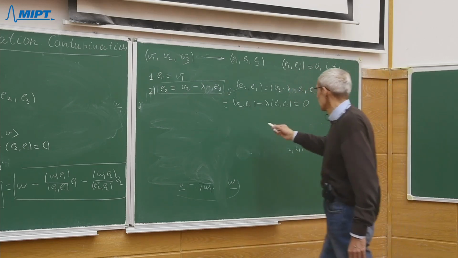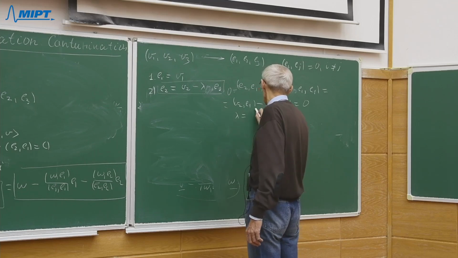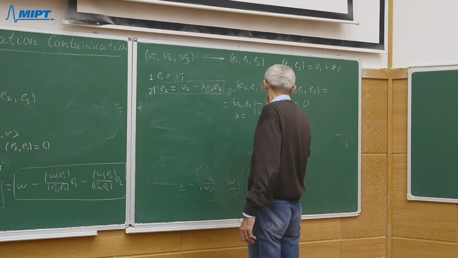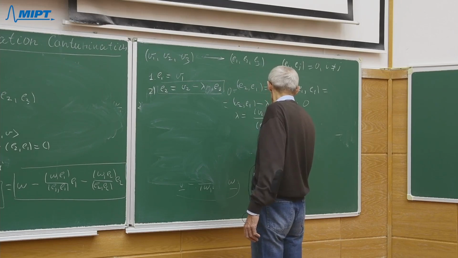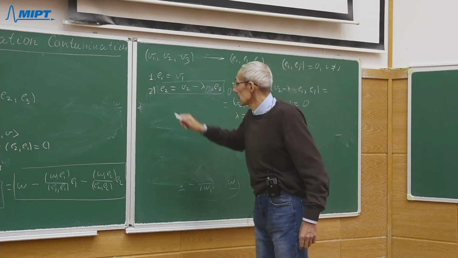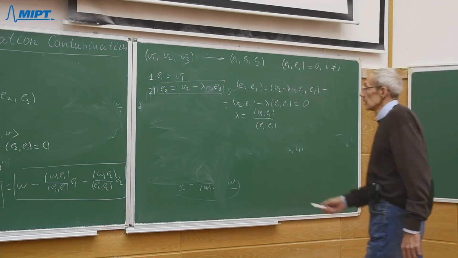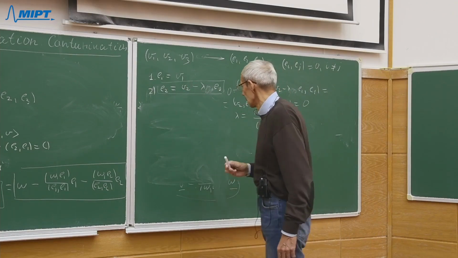And we can express this coefficient lambda as the ratio (v2, e1) over (e1, e1). And it is easy to see that this vector is exactly orthogonal to the vector e1.